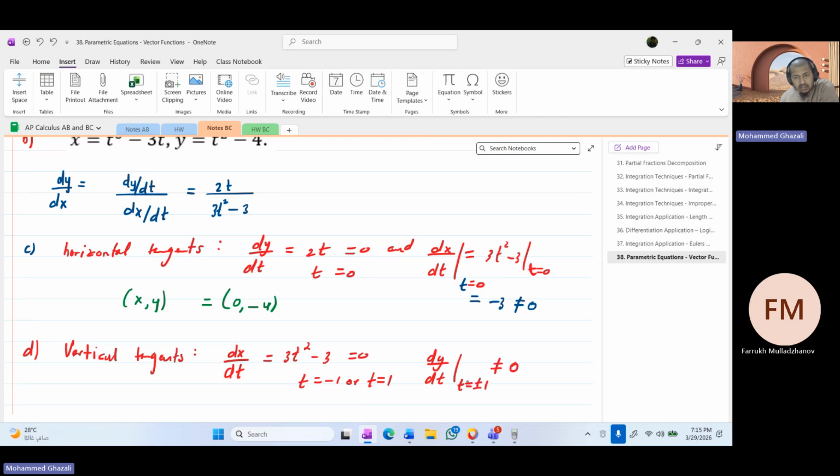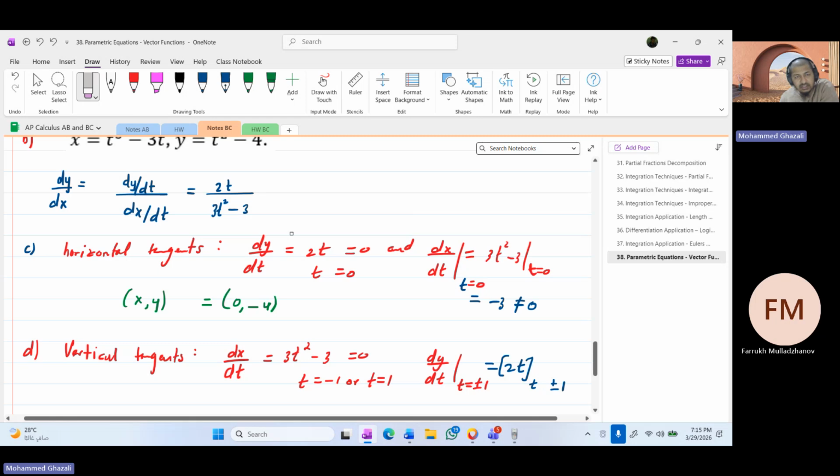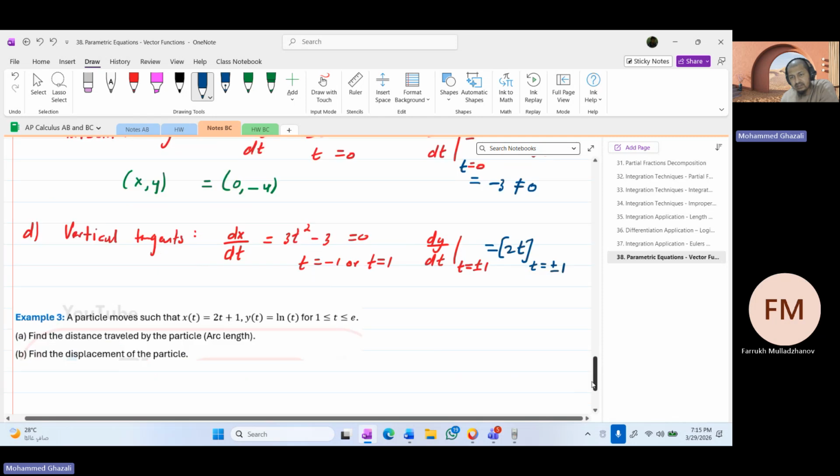Why? Because dy dt is 2t. If you're evaluating 2t at plus or minus 1, you'll get two different answers: positive 2 and negative 2, and none of them are 0.